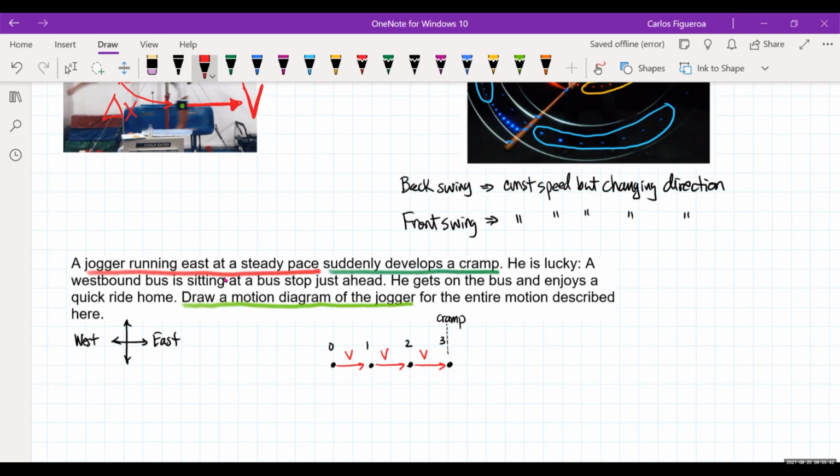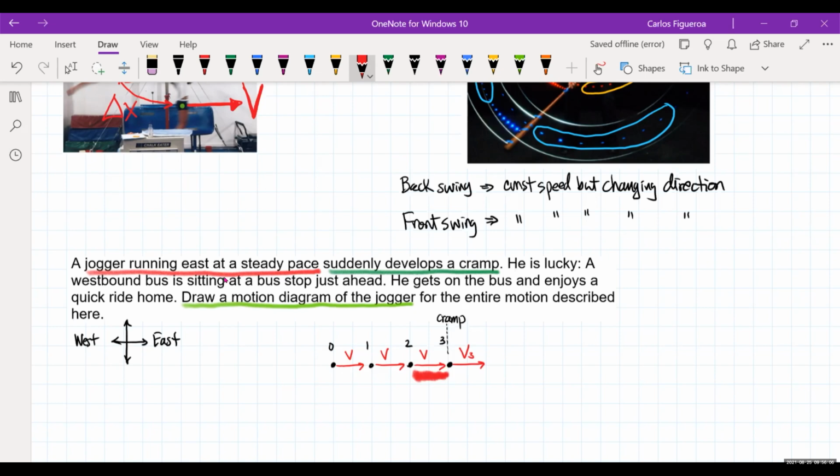But remember, the velocity at point 3 is about the previous interval. That interval is that big, and if that interval was the same everywhere, the speed here has to be smaller.